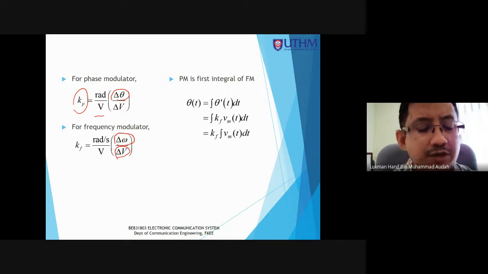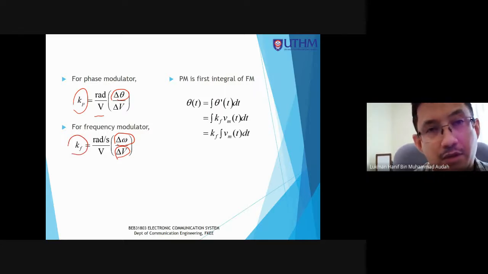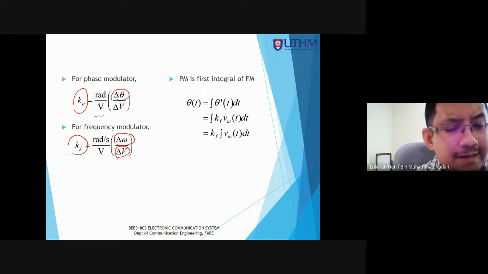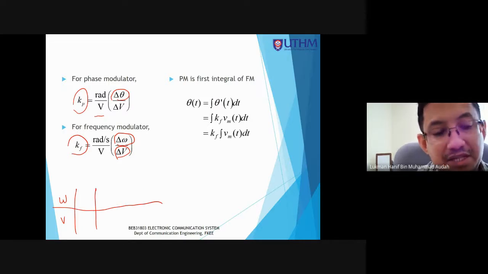Saya ulang balik, maknanya dalam soalan exam yang lepas, pernah ditanya contoh soalan tentang Kf, where we ask about frequency modulation questions. That question gave a table of readings from the FM modulator, where you are given, for example, omega and also the voltage. Ini pernah ditanya, bacaan yang diambil daripada FM modulator.